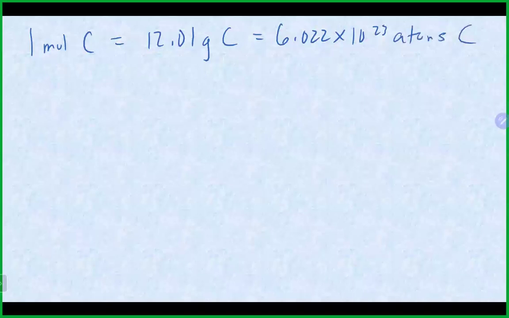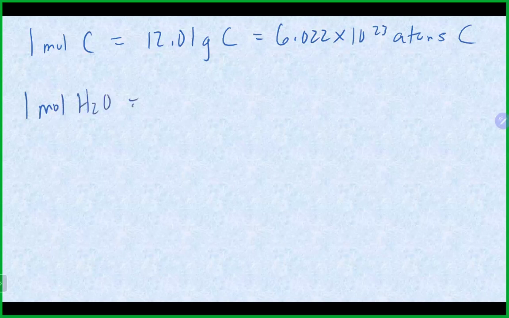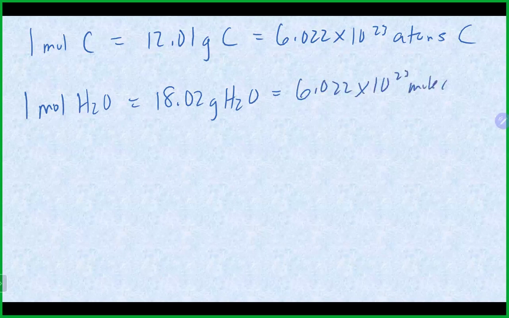So that is how they are all sort of related to each other. Once again, if I had 1 mole of water, that would equal 18.02 grams of water. And that 1 mole of water would equal 6.022 times 10 to the 23 molecules of water.